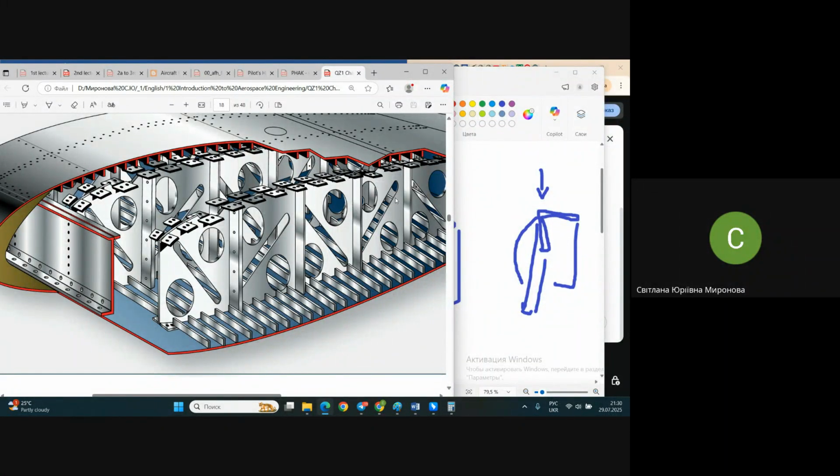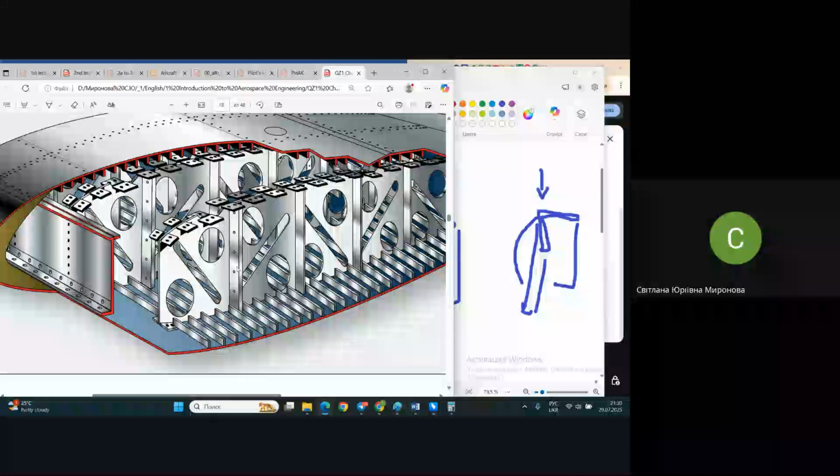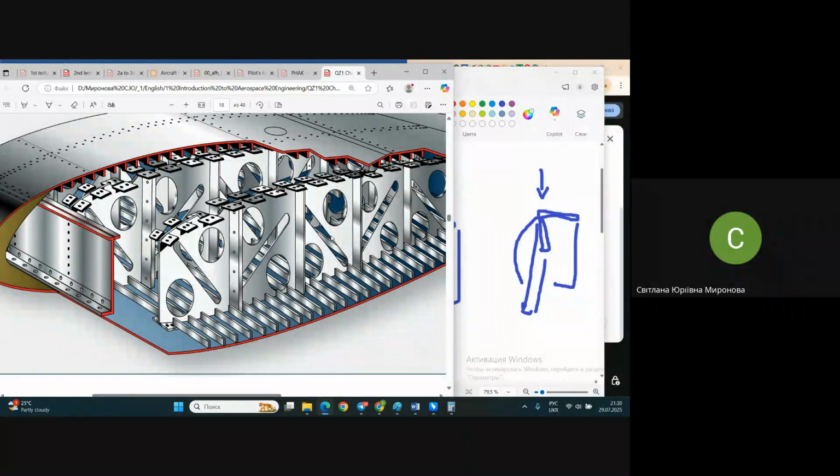In case it's empty and you are just transporting air inside the wing, and somewhere else you need additional place for a fuel compartment, it's completely inappropriate. That is why the inner space in the wing is usually taken by fuel. Of course, it's a special design, it's pressurized, everything is sealed and so on.